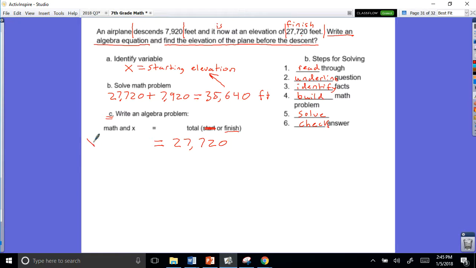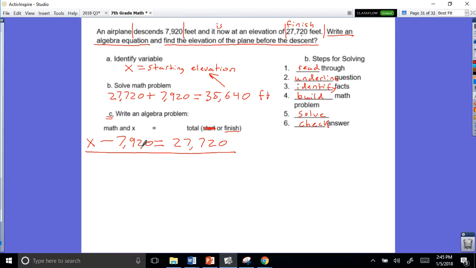We take x, which is 35,640, and we subtract 7,920. If we subtracted these two numbers, that would get us 27,720 over here on this side. And that is our algebra problem that shows this problem right here.